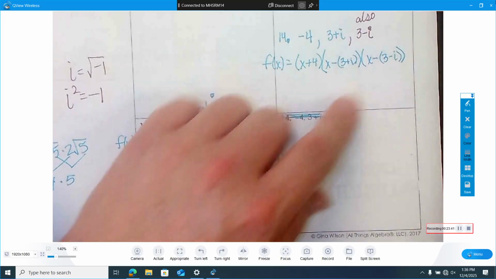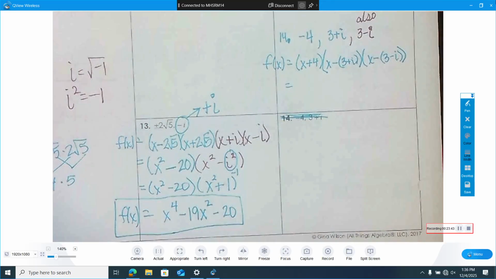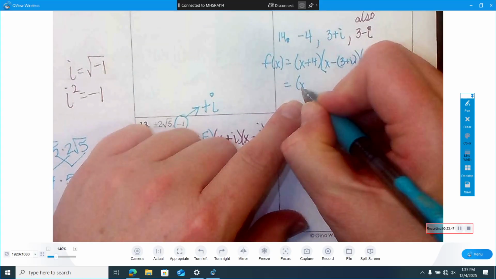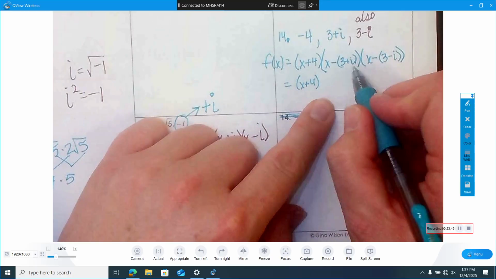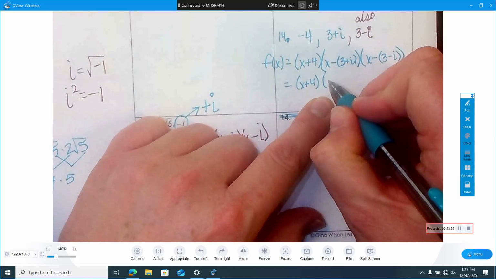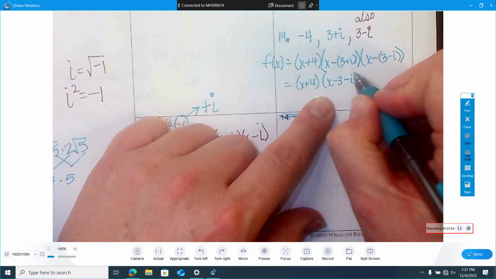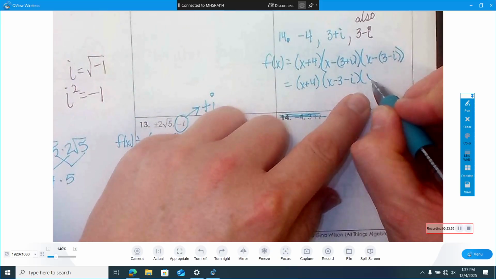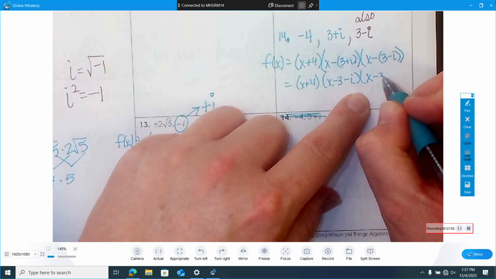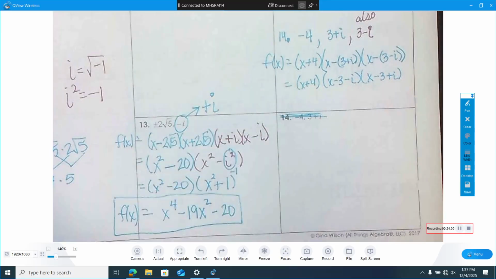Now you can skip a step here, but I like to show proper math. So you have x plus 4. If I distribute my negative, that gives me x minus 3 minus i, and distributing the negative, x minus 3 plus i. All right, are you with me?